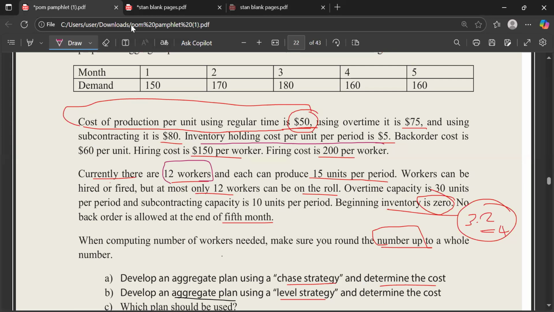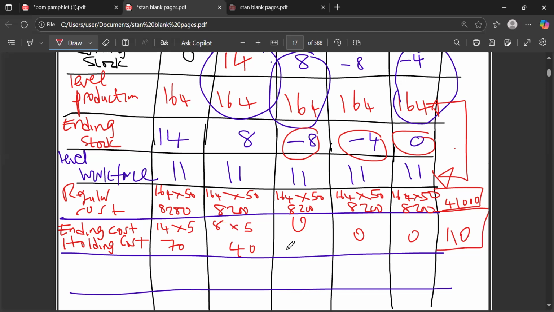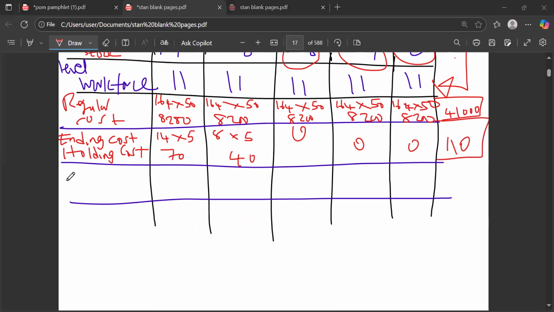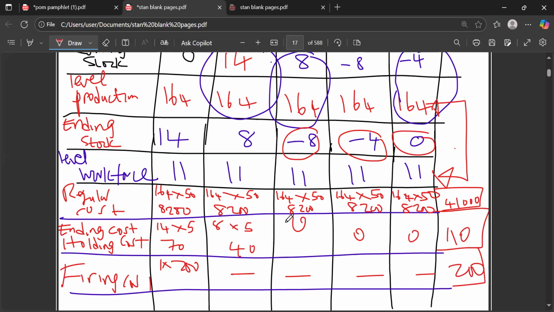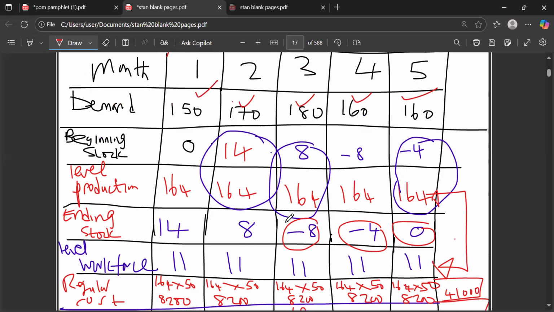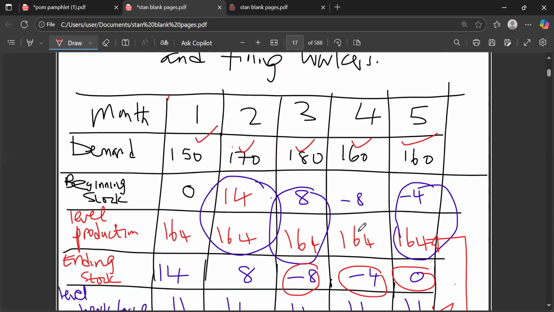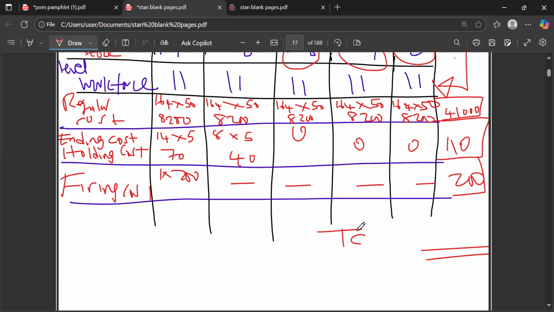So we have what we call firing cost. It's just one person times 200. The rest we didn't. So the answer is 200 here. So you can have the total cost of the plan now. We only fired one guy in month one and maintained the rest. Is that okay now? Yes.